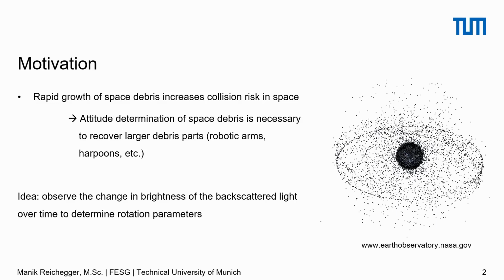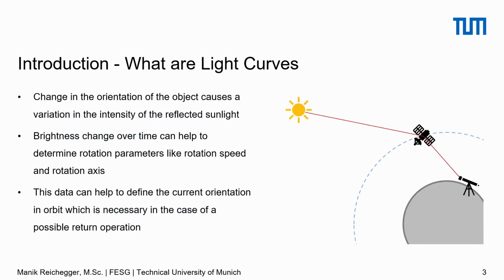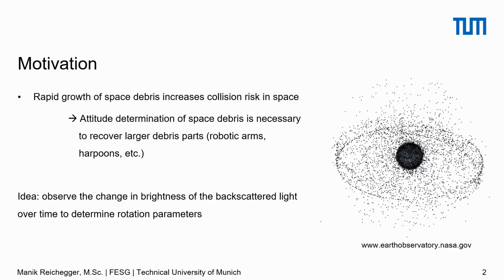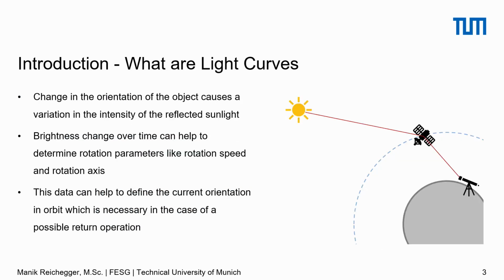To define the attitude in orbit, one approach is to observe the change in brightness of the reflected sunlight to the observer over time. Due to the changing observation geometry during a pass between observer, sun and object, the sunlight reflects to the observer with different intensities.